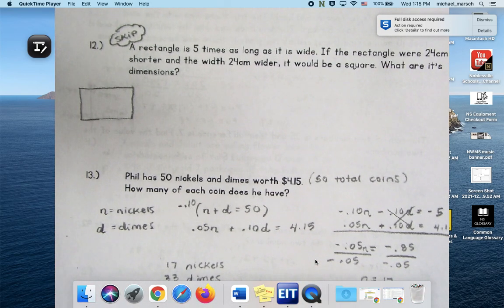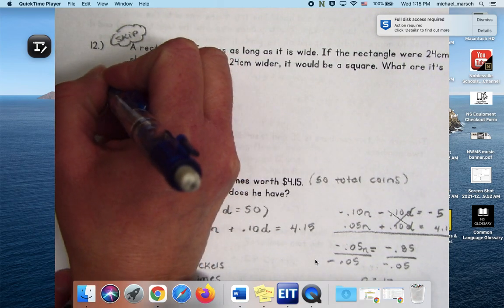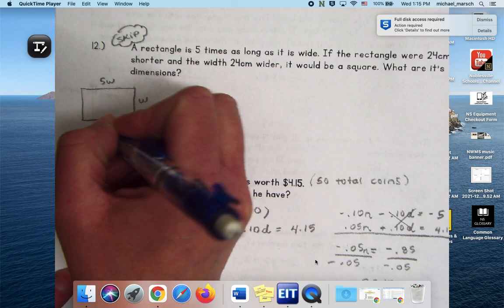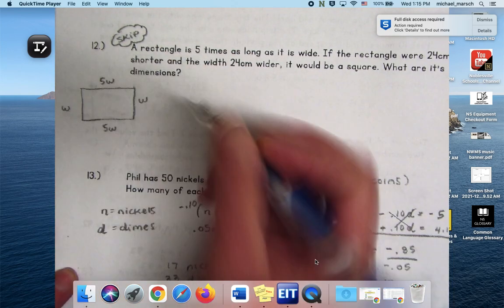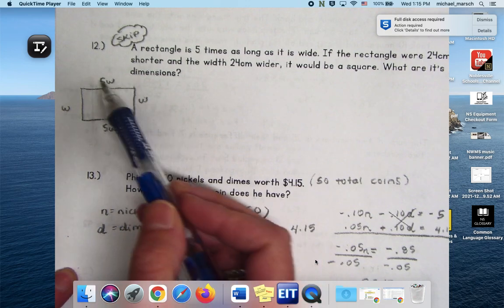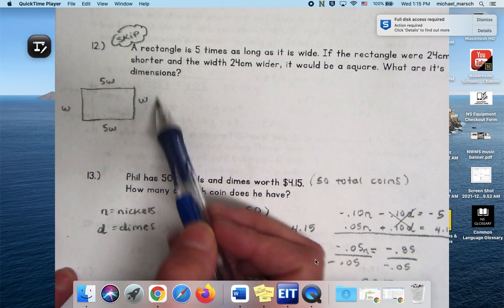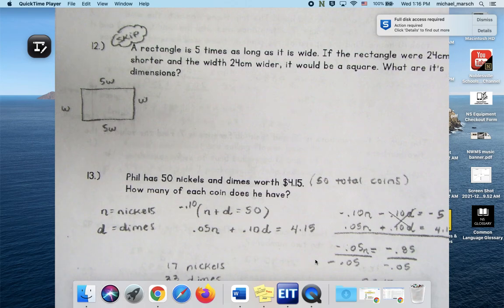So the first thing we know is that the length is 5 times longer than the width. Okay, so 5W and W, right? Width is W, length is 5W. Everybody with me?